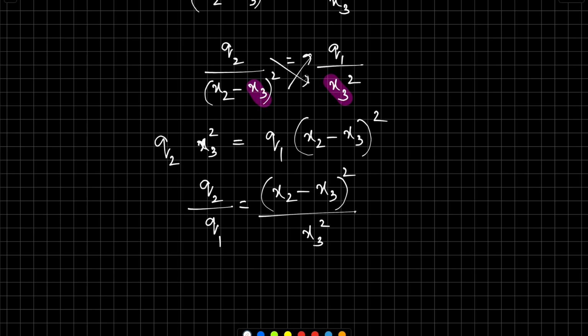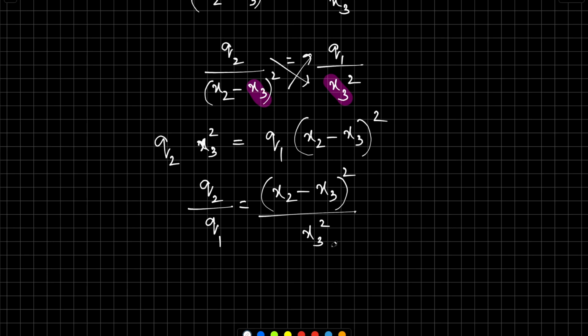You can do this in one step. Just wanted to show you. Cross multiply and divide it. Take (x2 minus x3) the whole square to the top, then Q1 to the left denominator. You'll end up with the same equation.